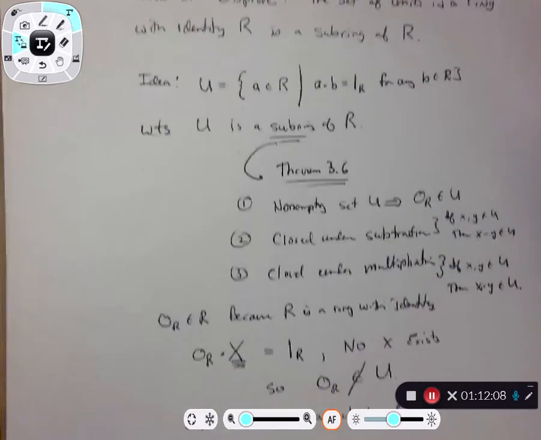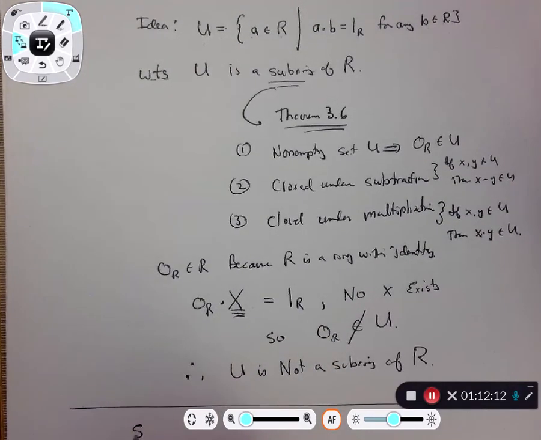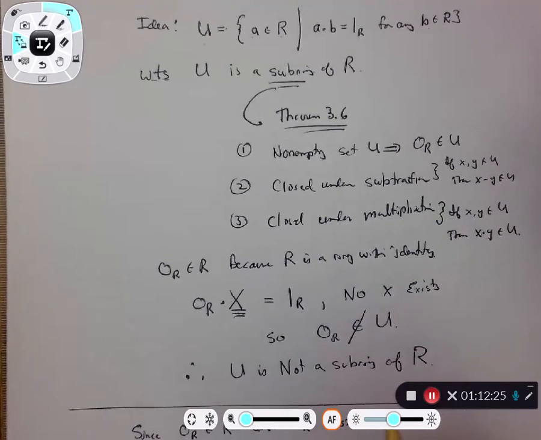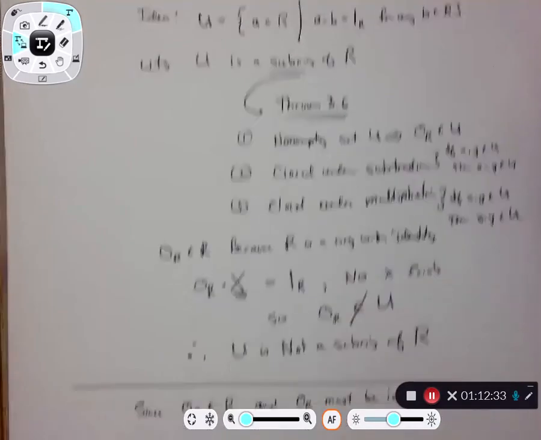Well, to disprove this thing, since 0 in R is an element of R, and 0 in R must be in a subring of R, the 0 element's got to be in there.